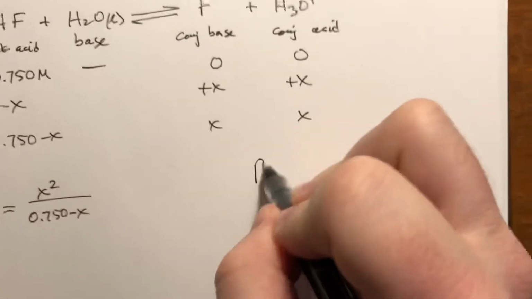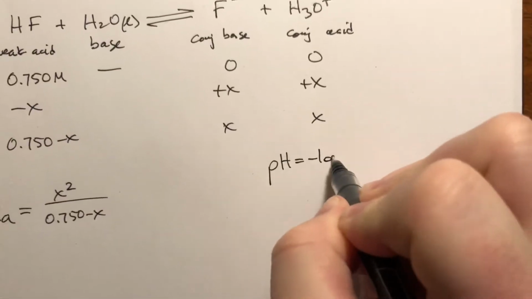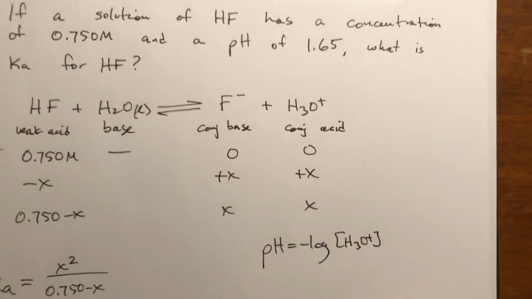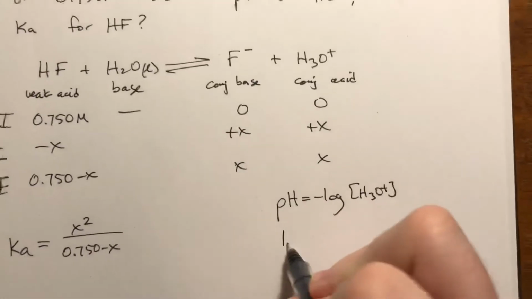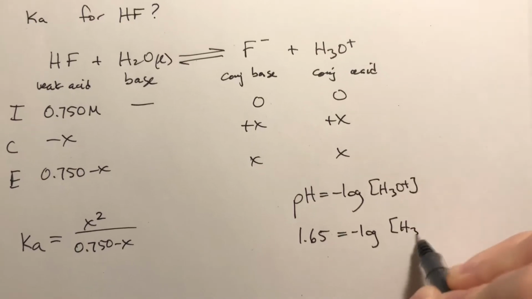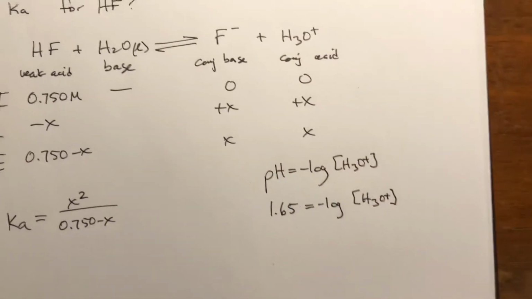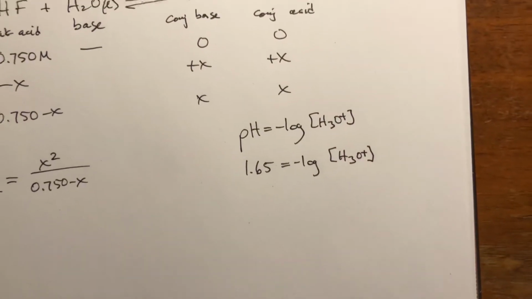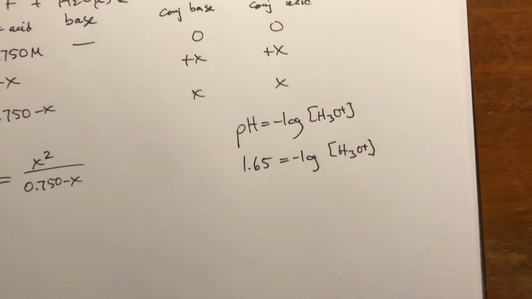So pH is equal to the negative log concentration of H3O plus. We know pH, which is 1.65, is equal to negative log concentration of H3O plus. This is really similar to the previous problem of solving for molarity from pH, a few videos ago.